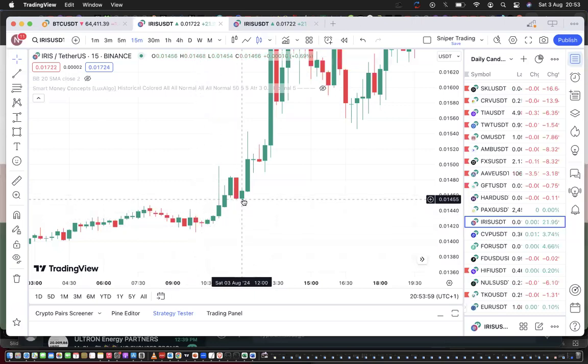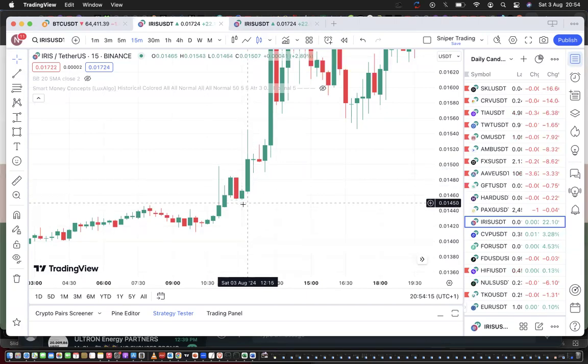But if you look at this one, open, closed, and then there's a jump. And then the price of the third one did not in any way come close to this one. So there's a gap.